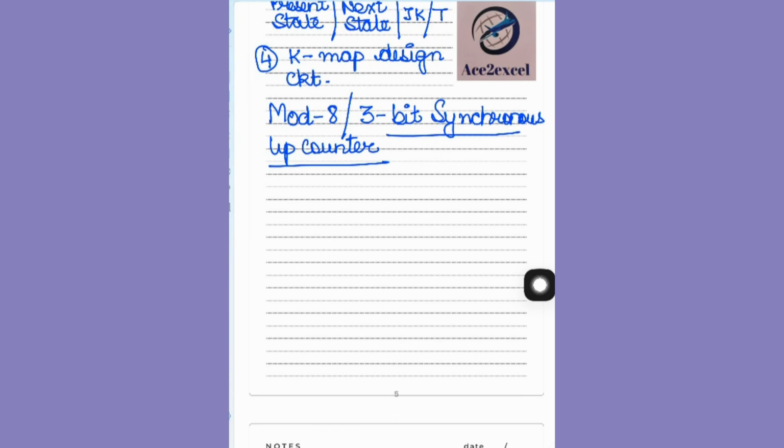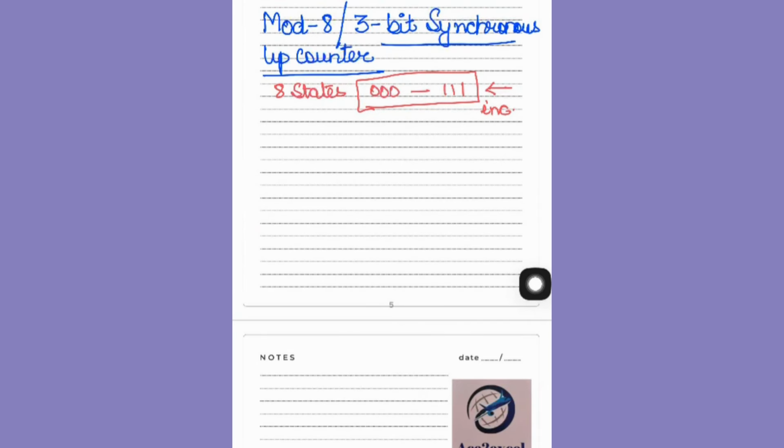Now, mod 8 means it will count 8 states from 000 to 111. Because the counter is an up counter, counting will be done in increasing order. Whatever the mod is, do keep in mind synchronous counters will always have this 4-step phenomenon.